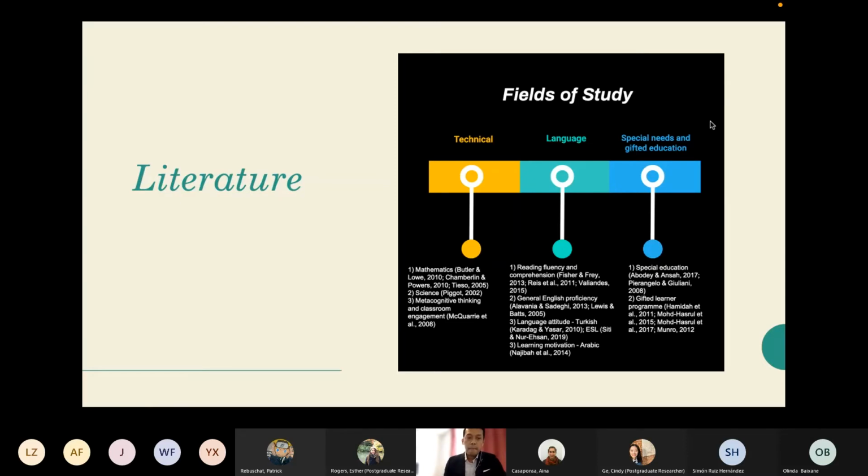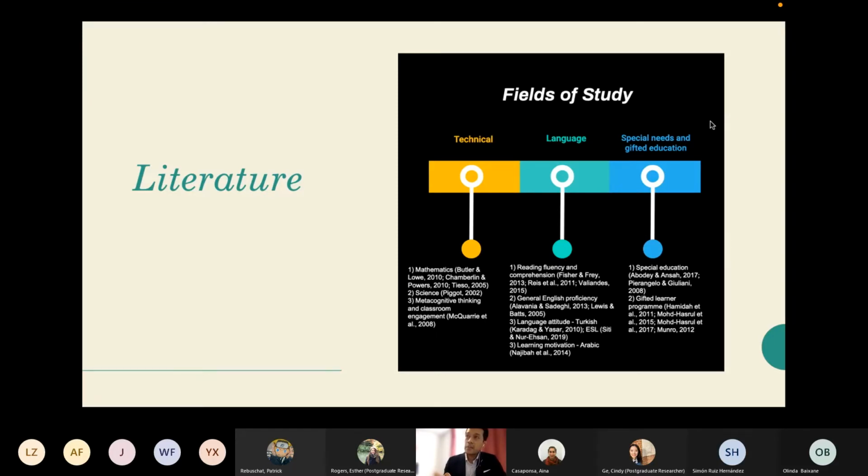But there have only been limited studies on DI. There were studies on differentiated instruction involving gifted learners in Malaysia. The demand for differentiated instruction only surfaced in 2013, and so far we have mostly anecdotal evidence.